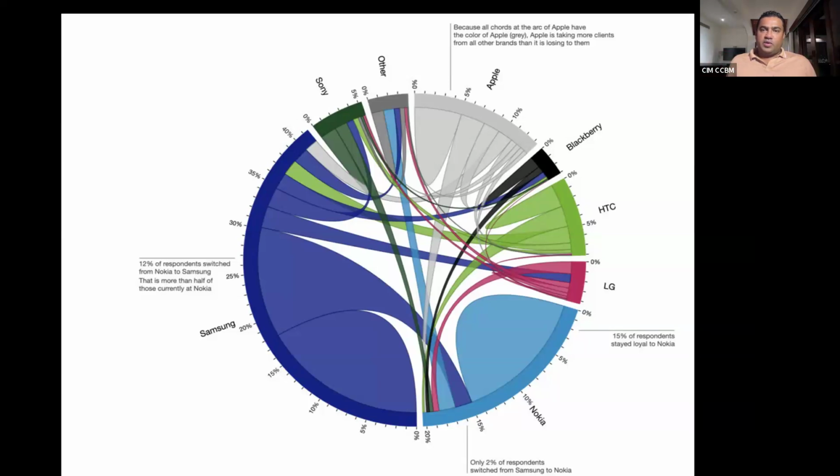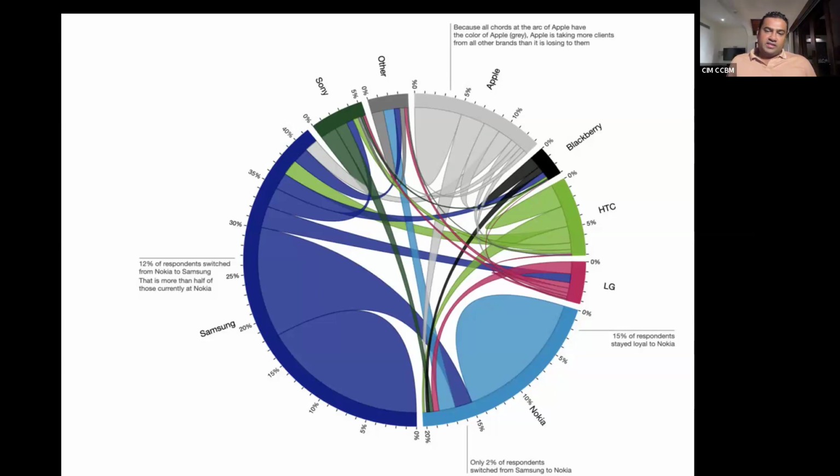What it also shows is the loyalty to a certain brand. So you can see LG users also used other phones, a little bit of Nokia, others, and Sony. But LG users did not use Apple, BlackBerry, HTC, or Samsung.